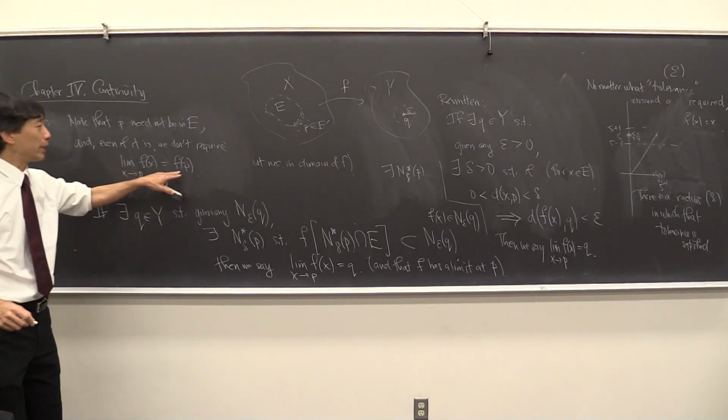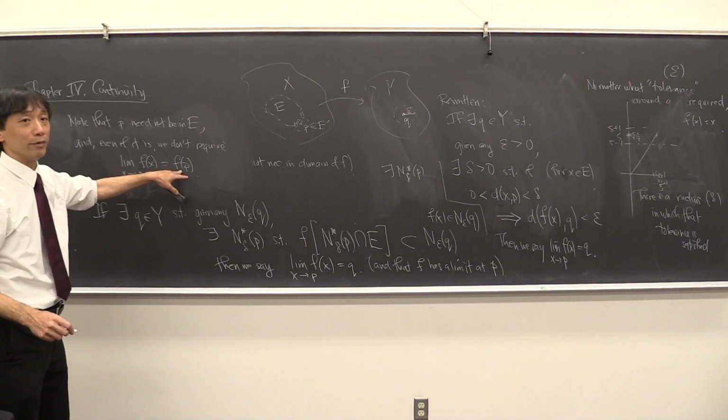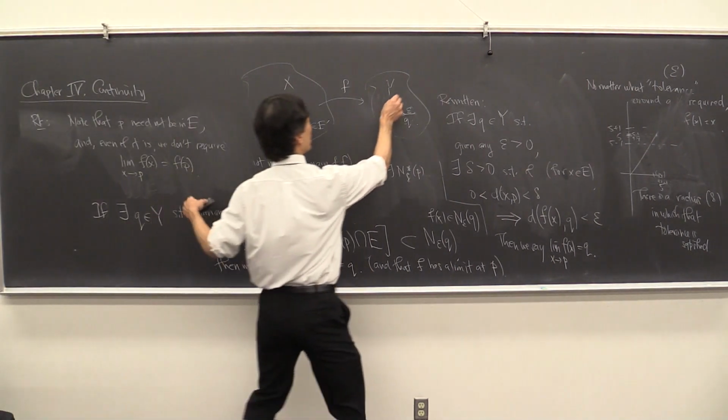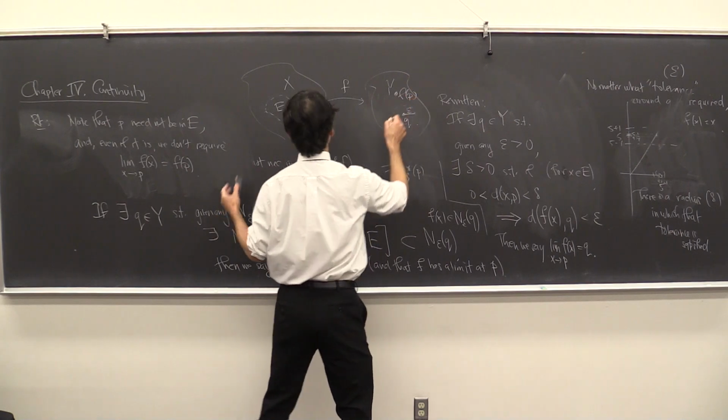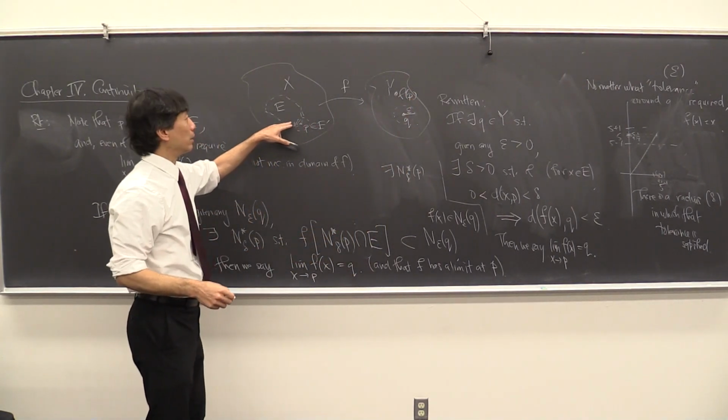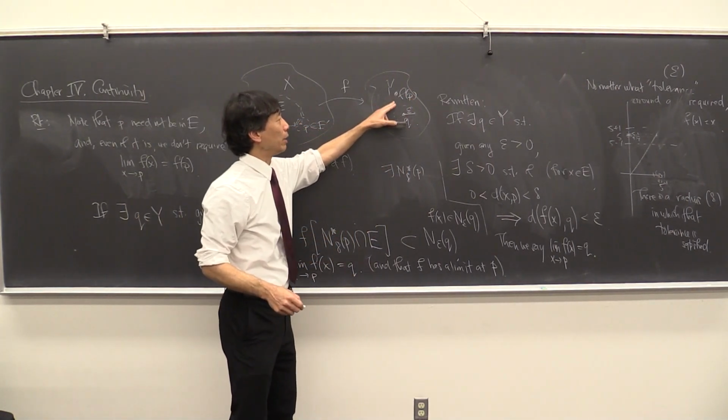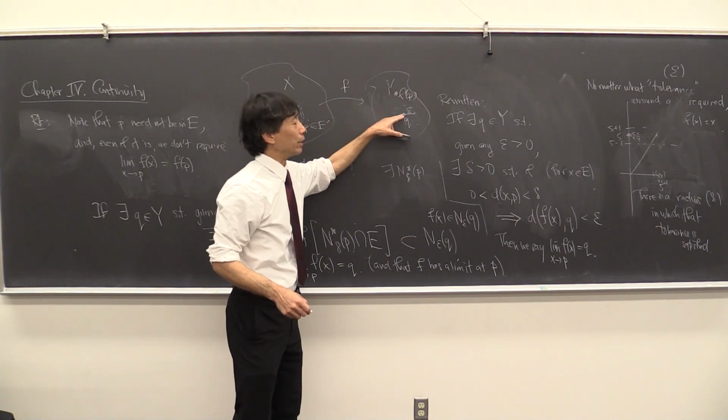We don't really care about the value of f of P. f of P could be over here, but all we care about is that there is some value with this property.